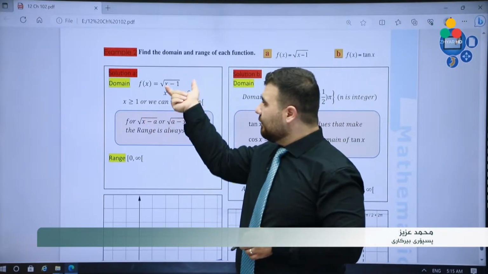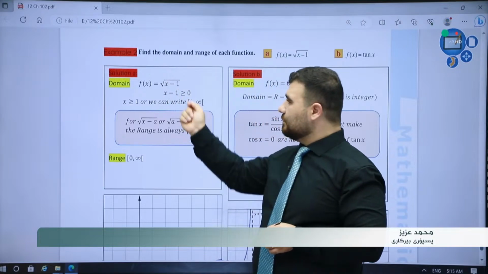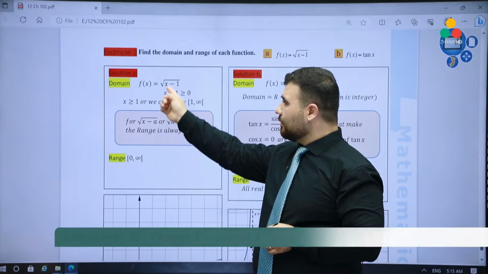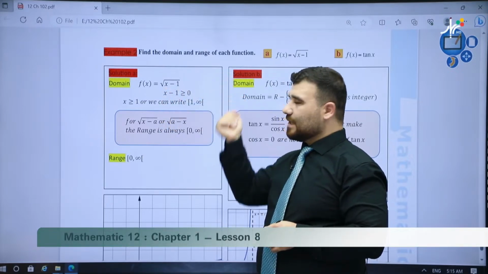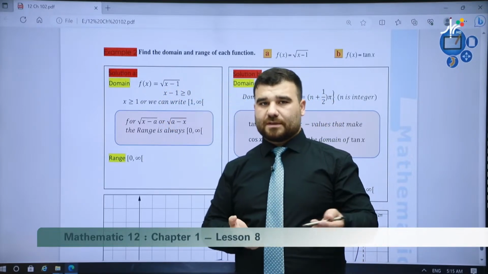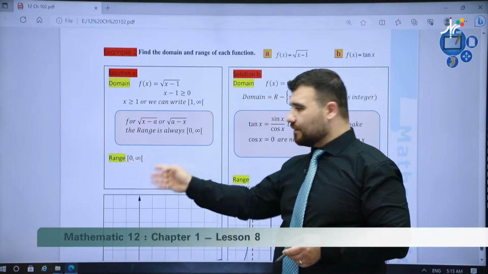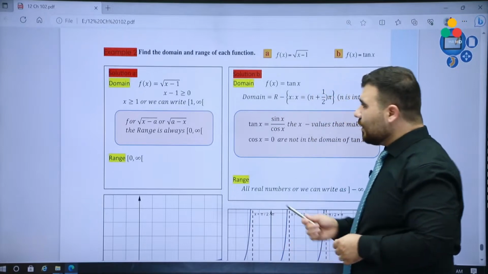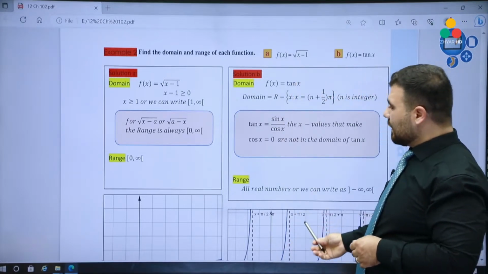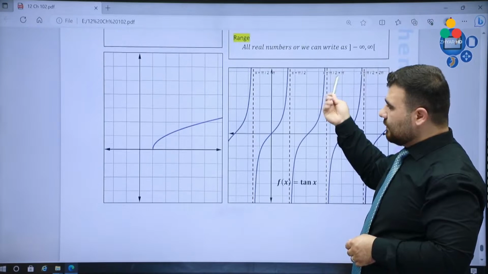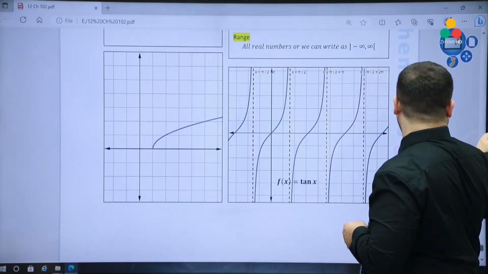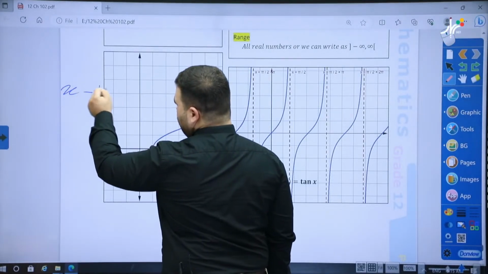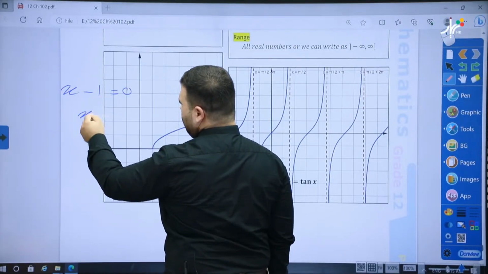The range, if you have a square root like this, it's 0 to infinity. Whatever number I write here, the result is either 0 or positive. This is how we write 0 or positive, 0 to infinity. That was the range. If we look at the graph of radical x minus 1, x minus 1 equal to 0, x equal to 1.